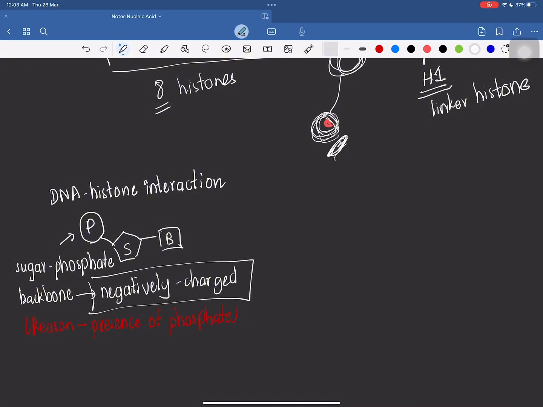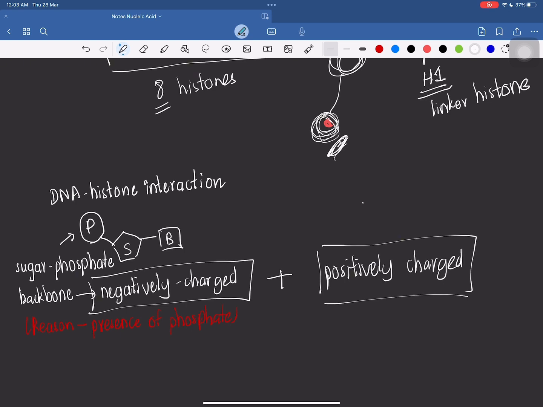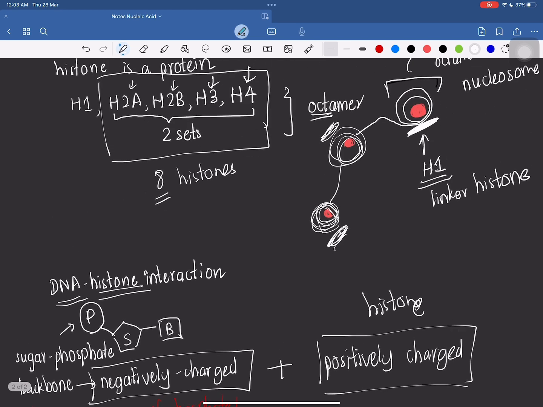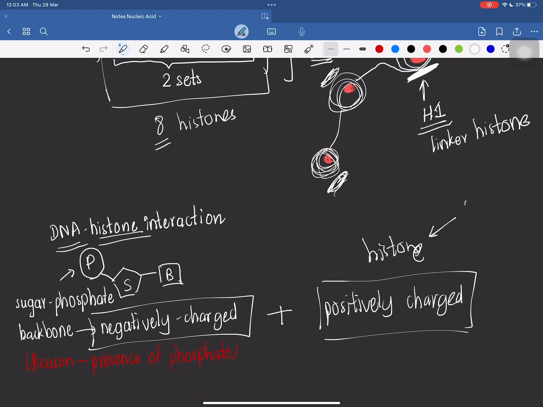So negative will attract positively charged. So which one will be positively charged here? Obviously the histone. That's why the DNA can interact with the histone. So which part of the histone is positively charged? Remember I told you guys histone is a protein.